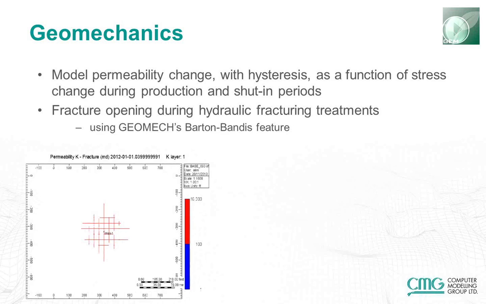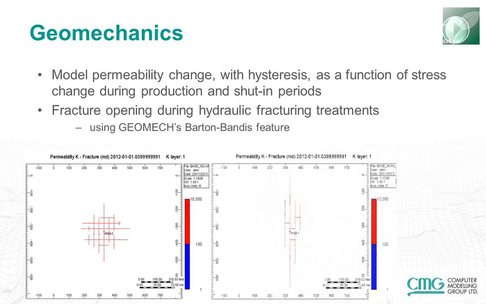In the diagram at the lower left, we have a simple case that we've generated modeling the propagation of the fractures upon injection. In this first example, we have a uniform stress regime, and we can see that what is created is a network of fractures, but we don't see really any particular direction that it's going in.